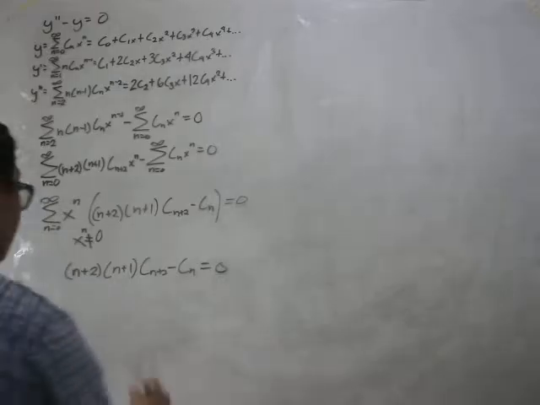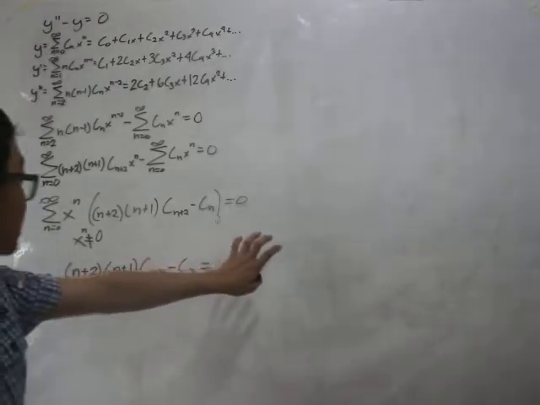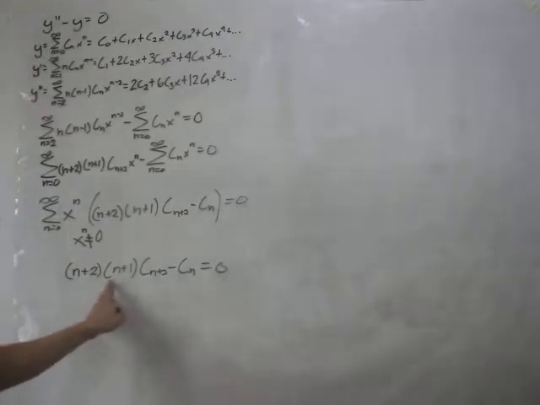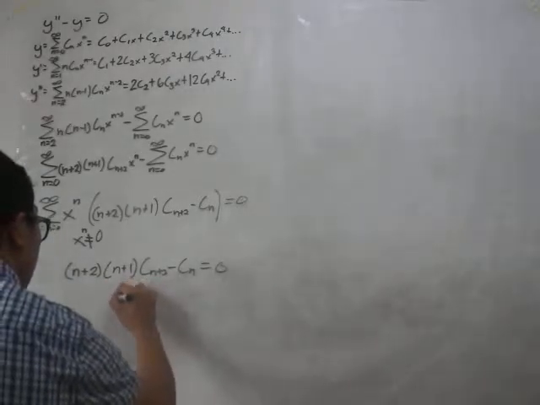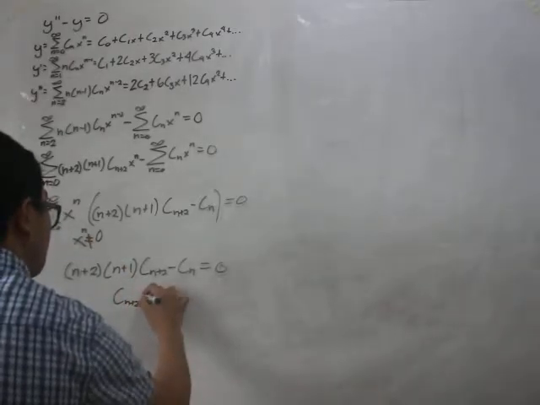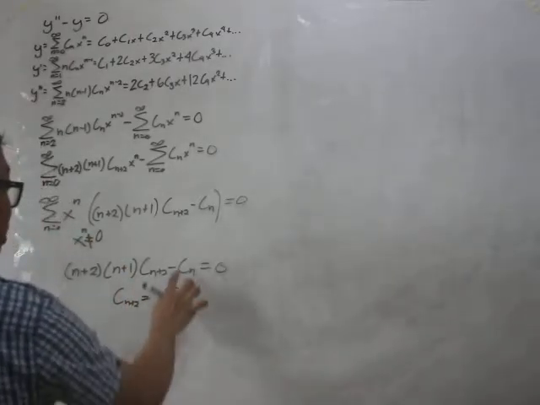When we transpose this to this side of the equation and then divide it by this, our recursion relation is c sub n plus 2 is equal to c sub n all over n plus 2 times n plus 1. It is positive because it is negative.